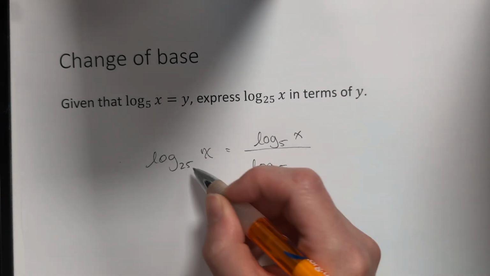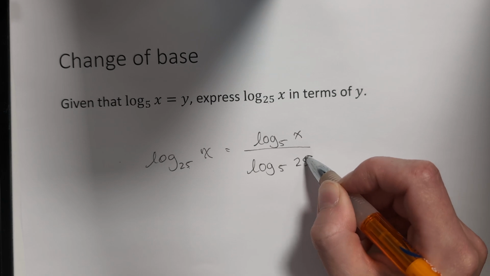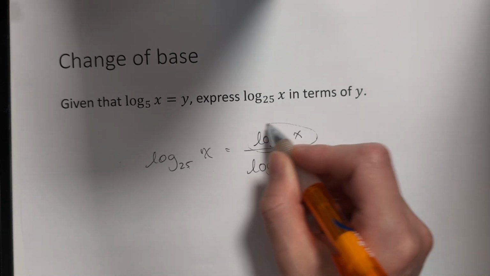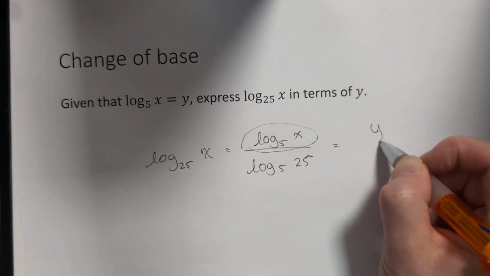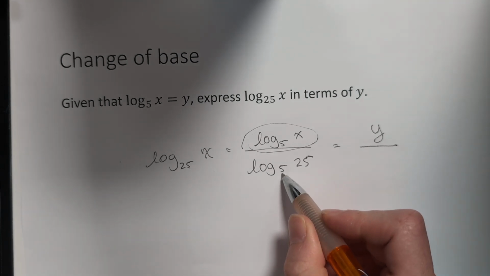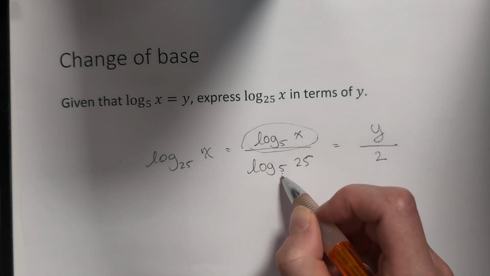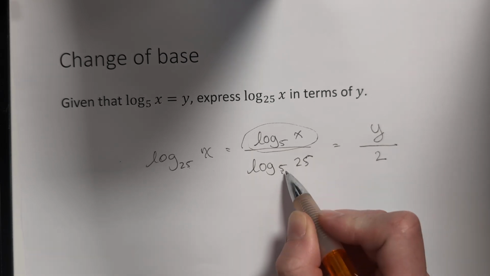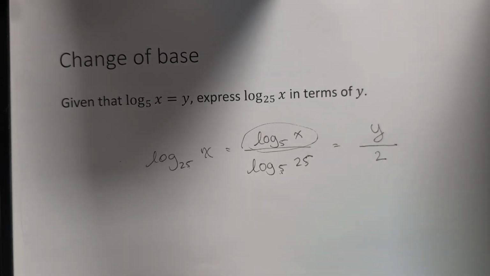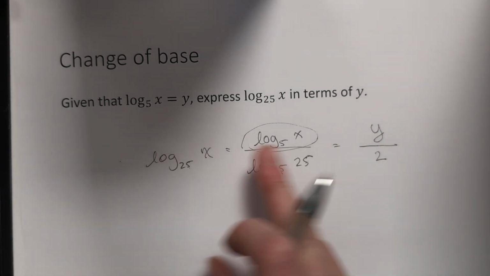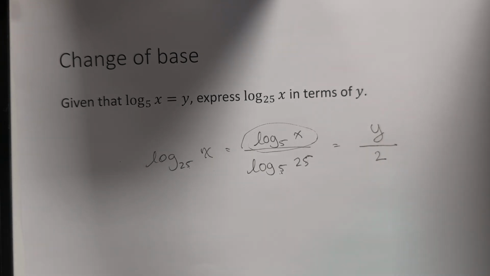The argument goes on top, the base goes on bottom. Well, this is what they said is y, and this is 2, because logarithms ask us what's the exponent that takes 5 to 25. 5 squared is 25. So now we have this expression written in terms of y, or half a y is also fine.